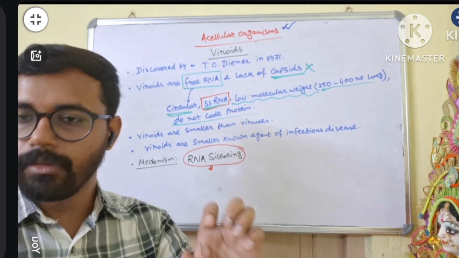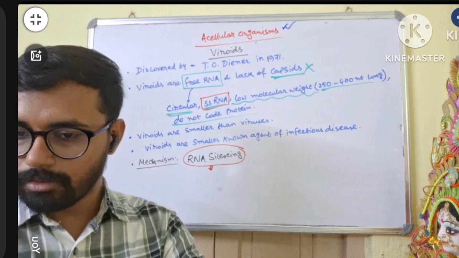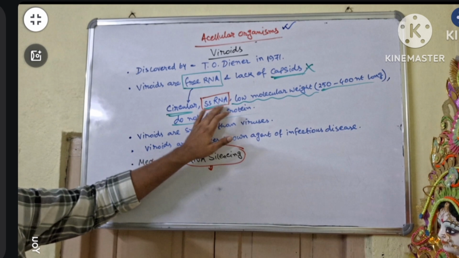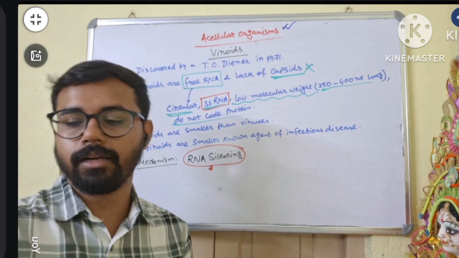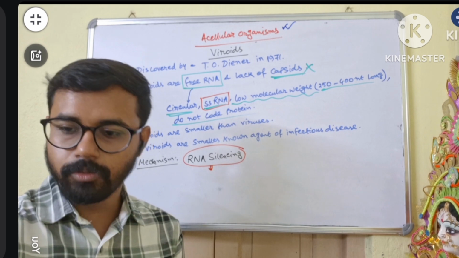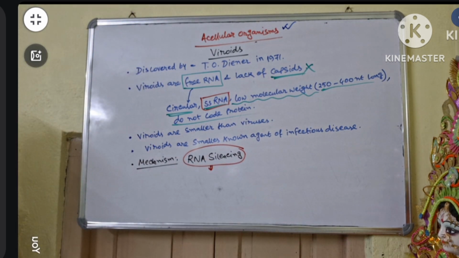Normal virus RNA is susceptible to any kind of RNase enzyme treatment, but viroid RNA is resistant. That's why it can survive, and when it enters the eukaryotic cell, it causes this process, RNA silencing.